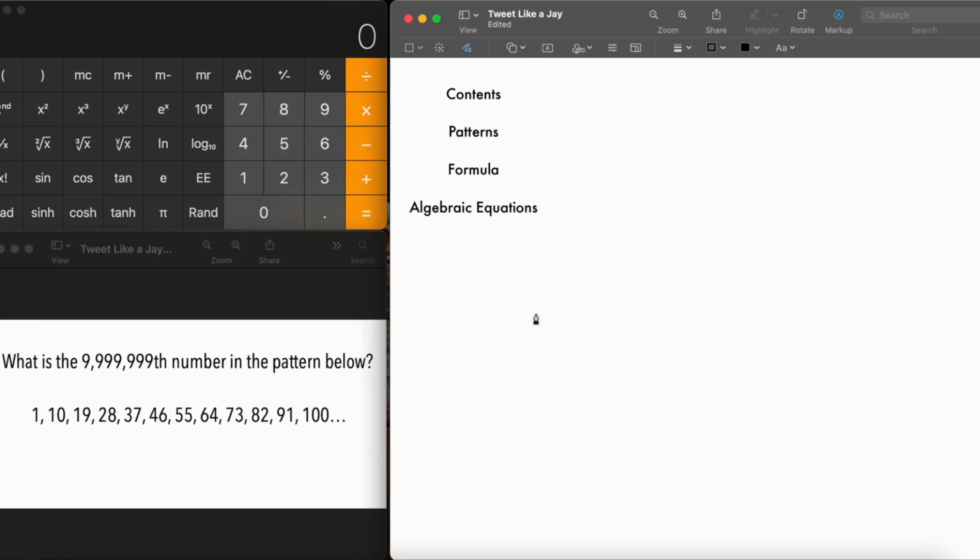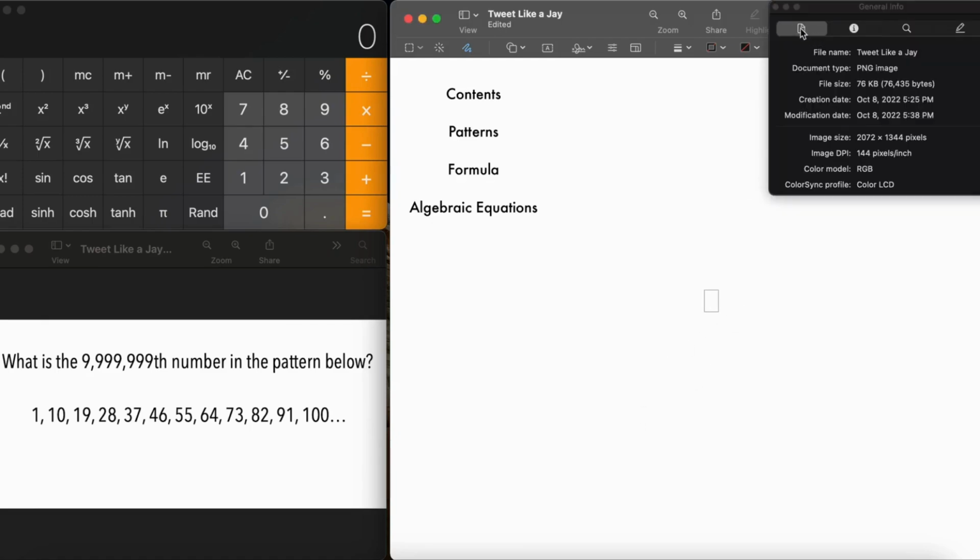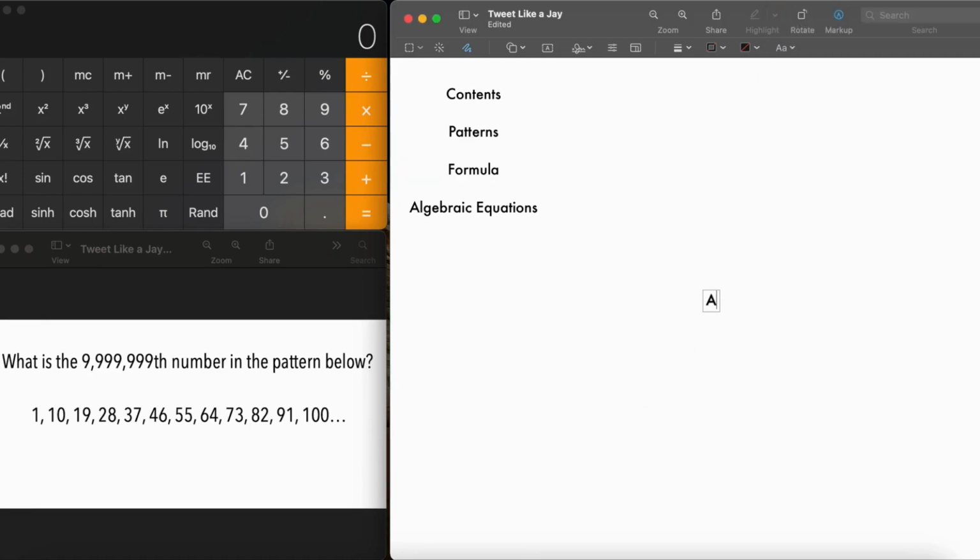So this is the formula. We can say that A_N equals, I'll explain this later, A_1 plus D times (N minus 1).